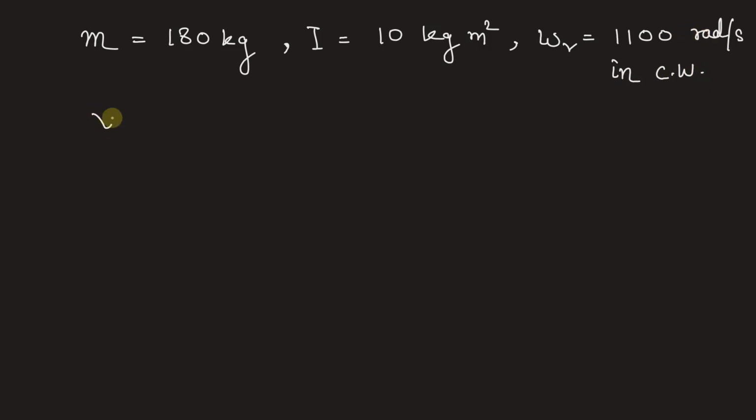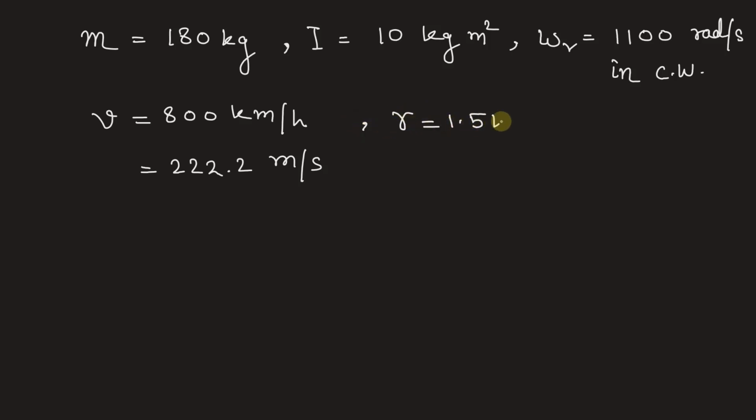Also, the speed of the aircraft is given as 800 km per hour. That comes out to be 222.2 meter per second. We just multiply it by 5 by 18. And the radius of turn is also given, that is 1.5 kilometer, that's nothing but 1500 meter.